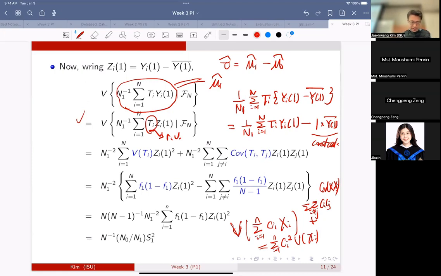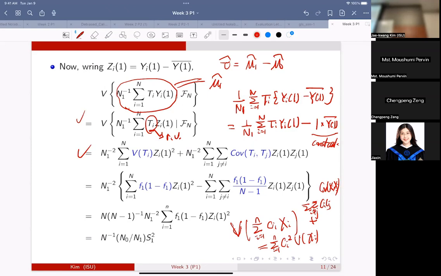So that's this part. It's no problem. And then if you look at the blue one, we know the variance of Ti from the formula, and we have the formula for the covariance of Ti and Tj when i is not equal to j.